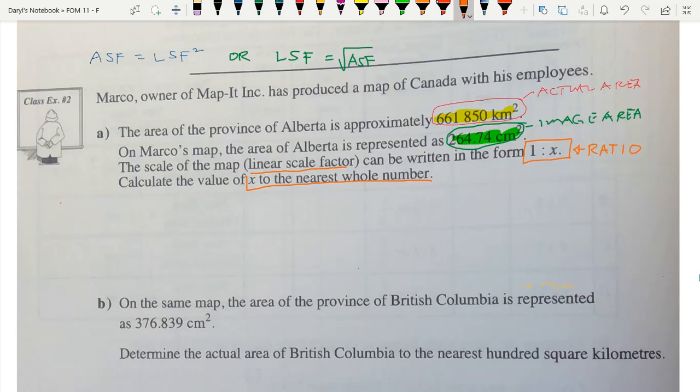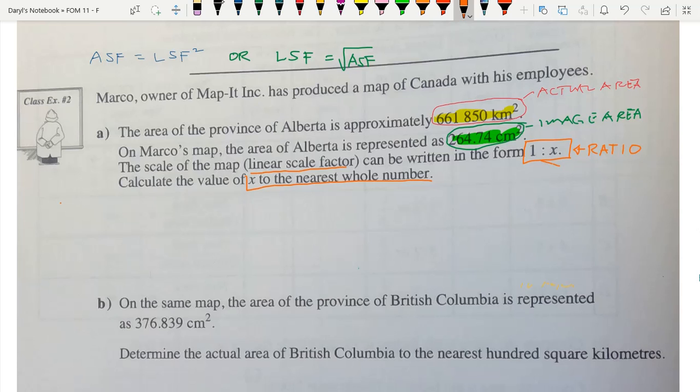Remember that a linear scale factor can be written in 3 different ways: by statement form, by the rate form. Rate form is more or less the same as this. However, we're talking about different units. And the ratio form, wherein you cannot see any units in your numbers, so just purely numbers. So this should be in ratio form.